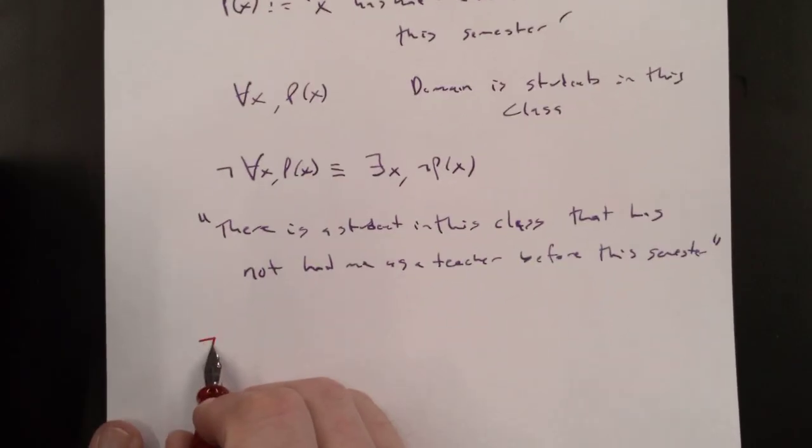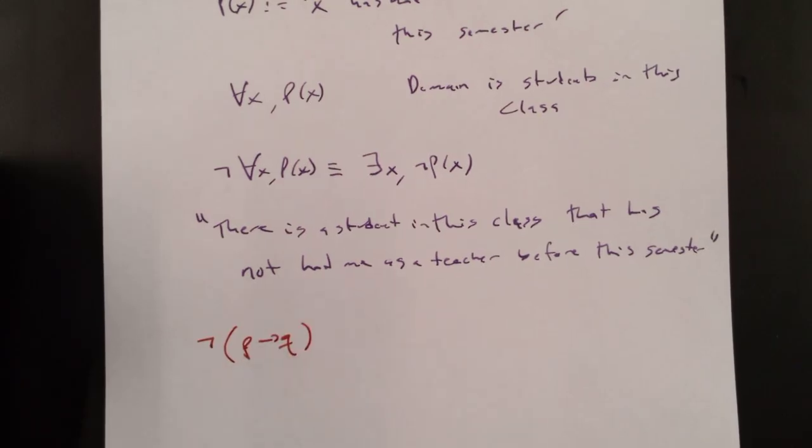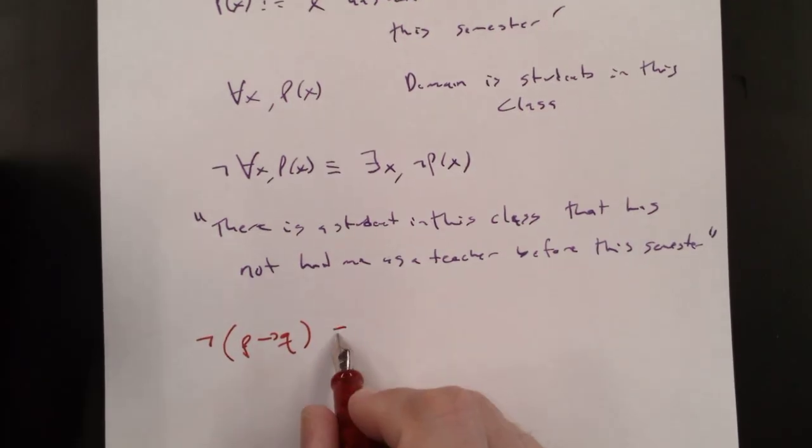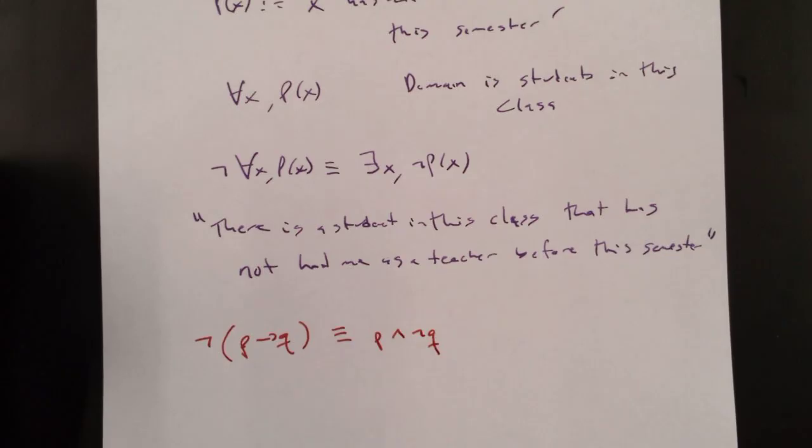If I want the negation of an if-then, it is only false when the first part is true and the second part is false. I want that to be the only true. So the opposite of an implication doesn't have an arrow anymore.